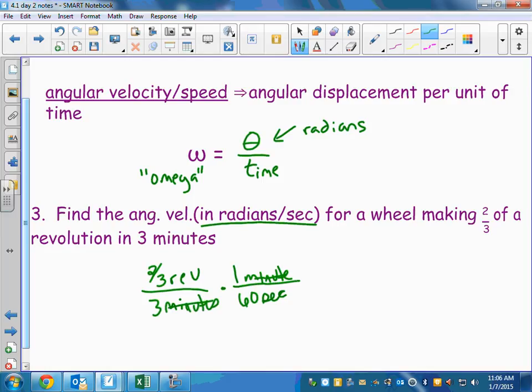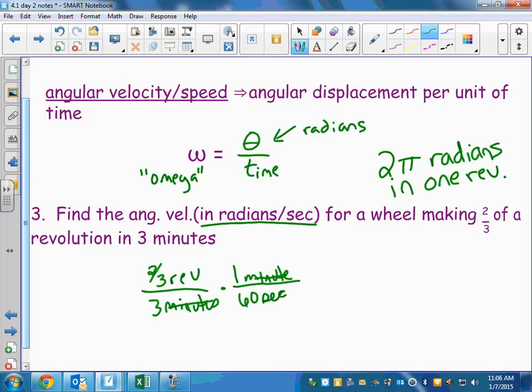So that's the second part. The radian part. How many radians are in one whole revolution? How many radians all the way around a circle? 360 degrees.